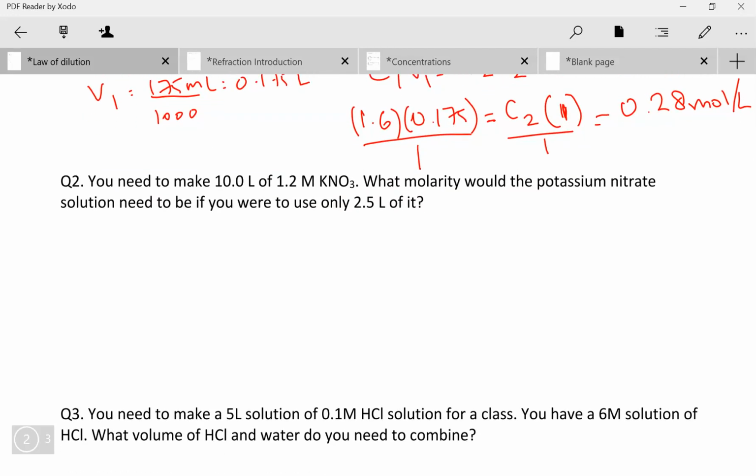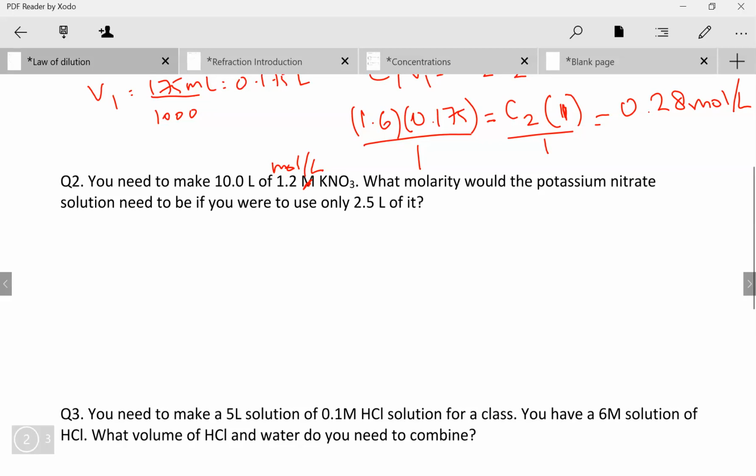So you need to make 10 liters of 1.2 moles per liter potassium nitrate. What molarity would the potassium nitrate solution need to be if you were to use only 2.5 liters of it? So what this is saying is, this is my final solution. I have to make this, essentially.